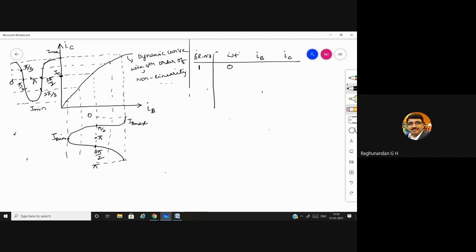And this will be IB. And this point is considered to be IB max by 2. This is considered to be this one, 2 pi by 3. This is considered to be minus IB max by 2.